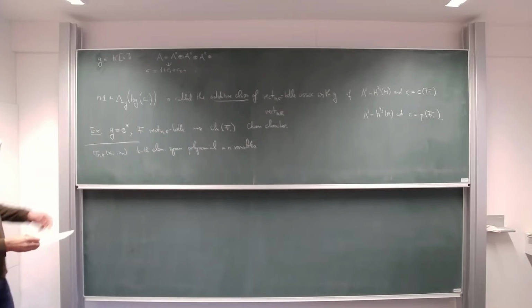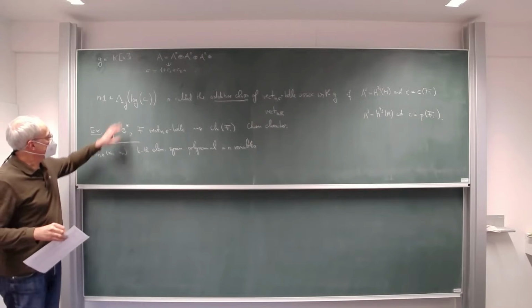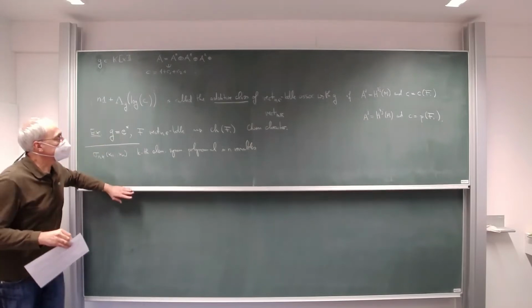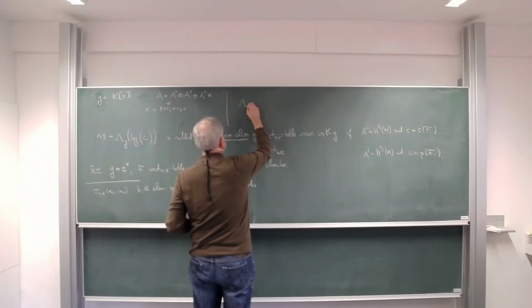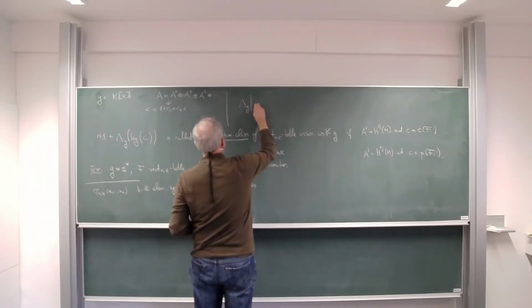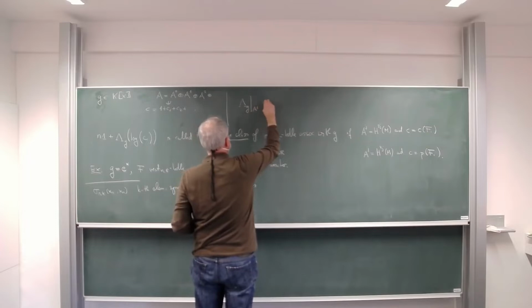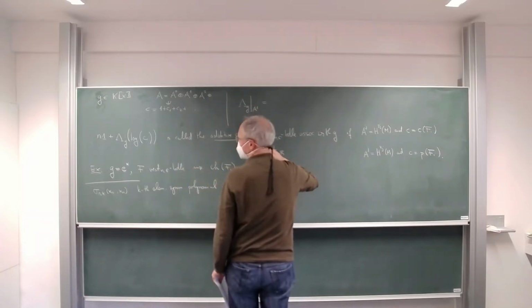And now let's redo this construction in a slightly different way. Last time I was also asked why this lambda G restricted to A_j was a multiple of the identity.